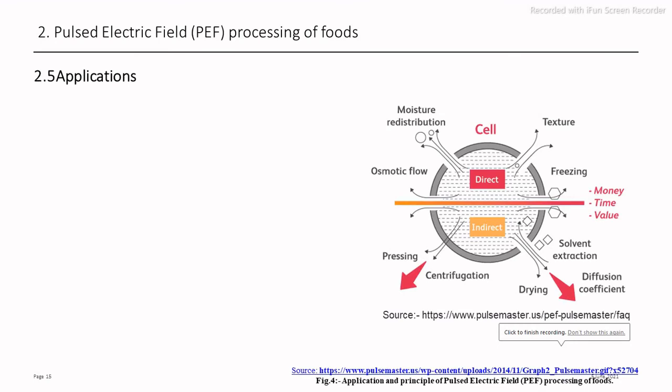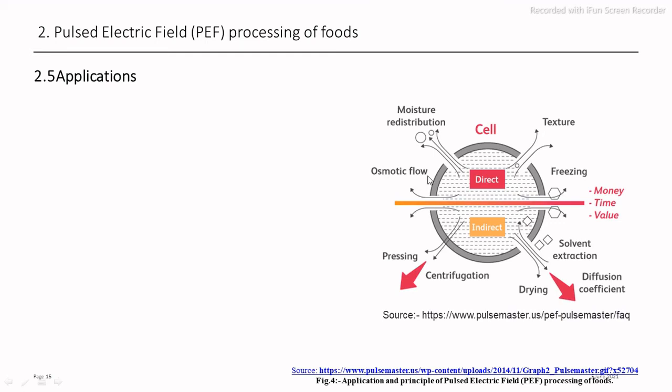Application of pulsed electrical field in food processing and preservation. You can see in this picture the basic applications, including direct and indirect systems depending on our specific processing requirement.